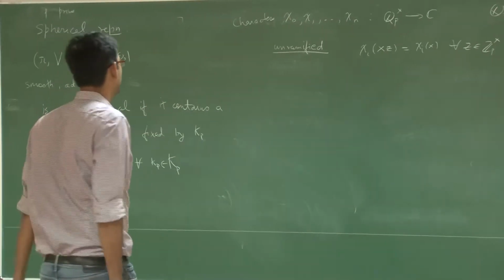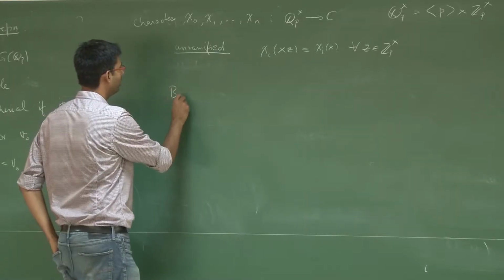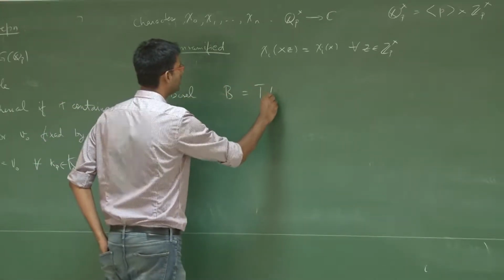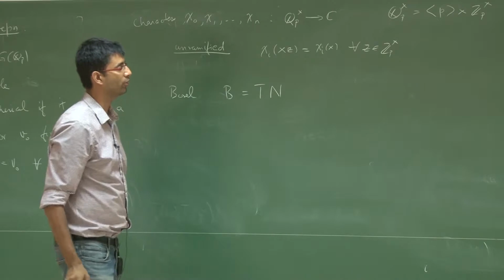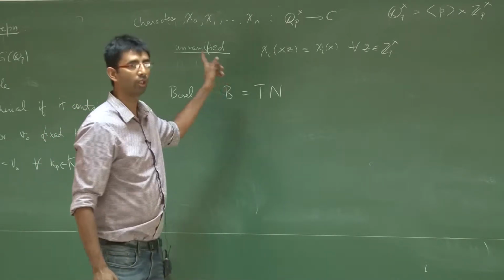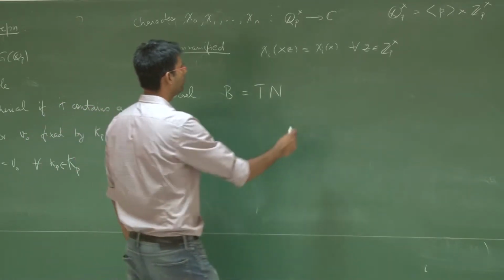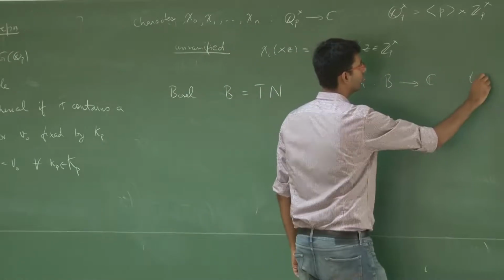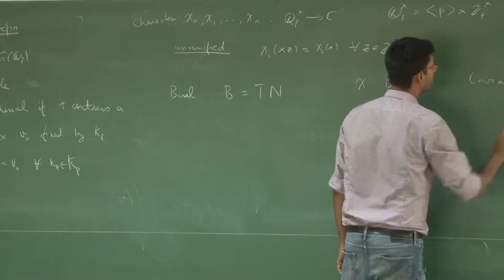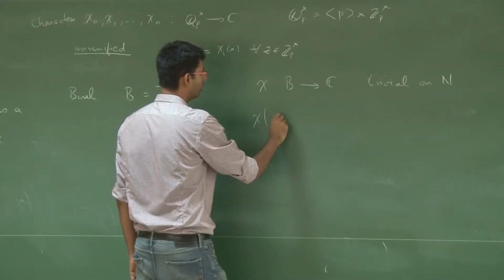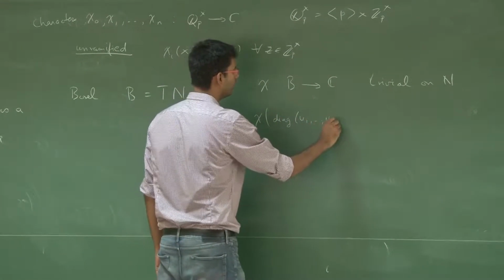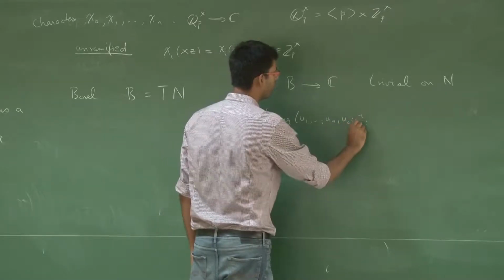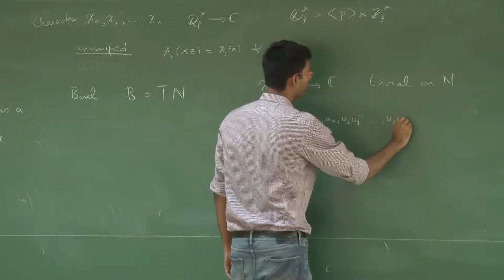So you take n plus 1 of these, and you can define a character on the Borel. So Borel is B equals TN. So N is the unipotent that we saw earlier, T is the torus of diagonal guys, and you define a character chi from B to C. So this is trivial on the N part, and chi of the diagonal matrix (u_0, u_1, ..., u_n) is the product of chi_i(u_i), i equals 0 to n.